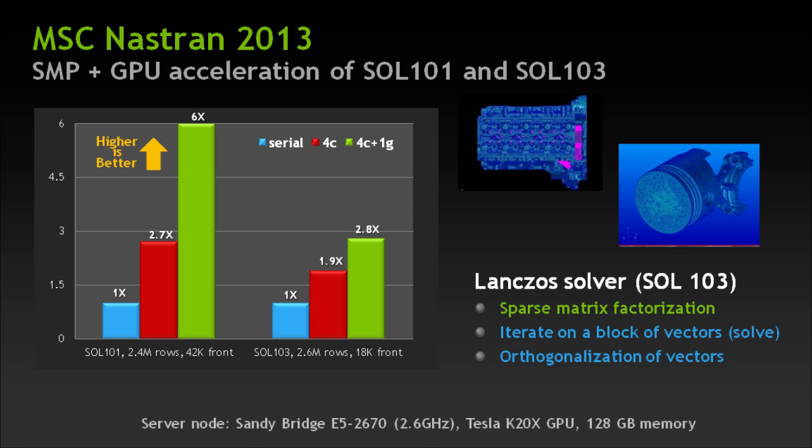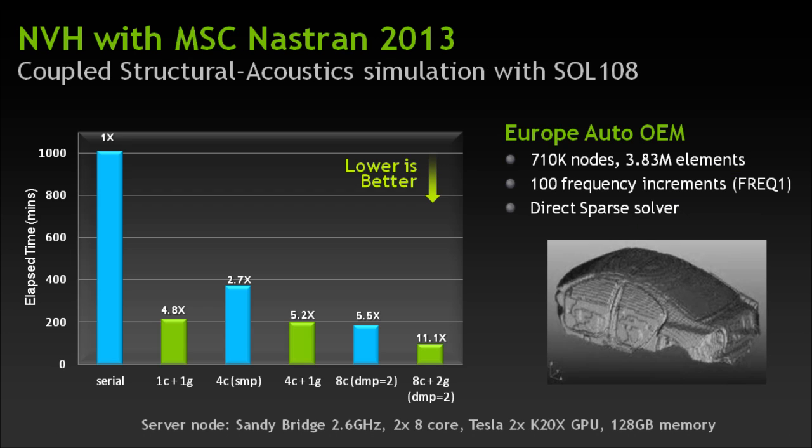Outside of the sparse matrix factorization, there is iteration on a block of vectors, Lanczos vectors, that involves a solve. And then these vectors need to be orthogonal, so a Gram-Schmidt orthogonalization of the vectors. 3 compute-intensive parts, and only one of them runs on the GPU, which is the sparse matrix factorization. So there is a reduced speedup in the case of solution 103, using the same piece of algorithm, the same sparse matrix factorization, compared to a stress analysis.